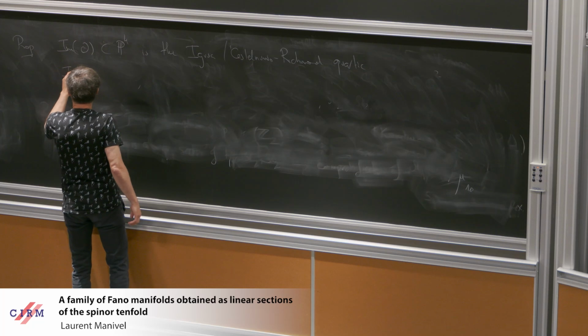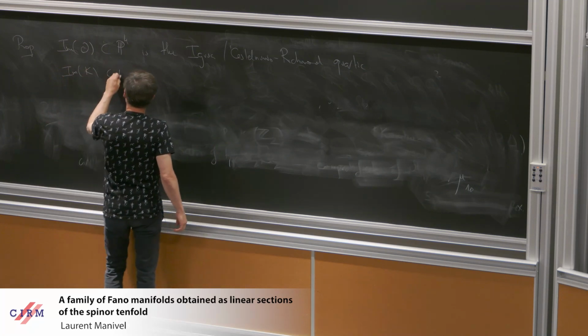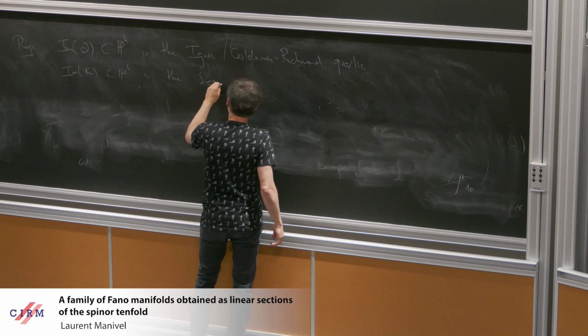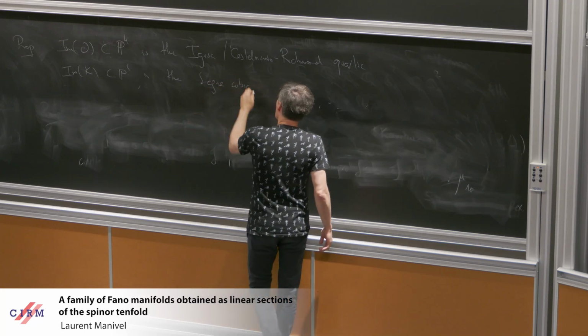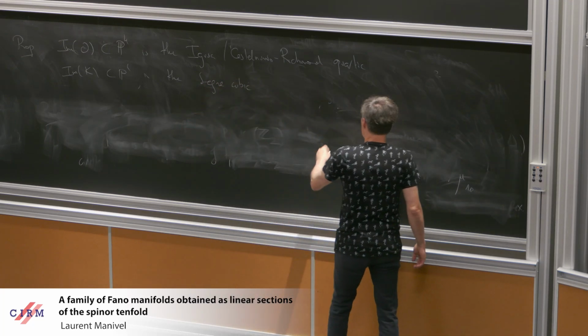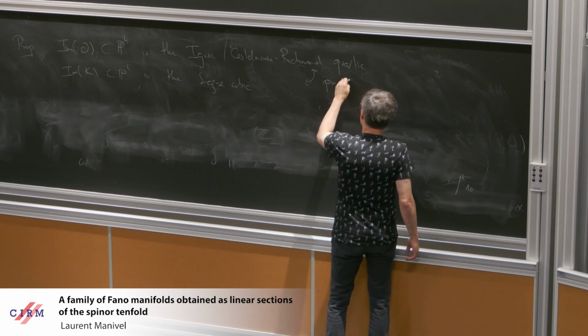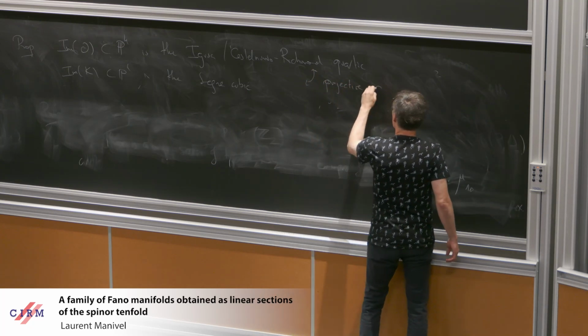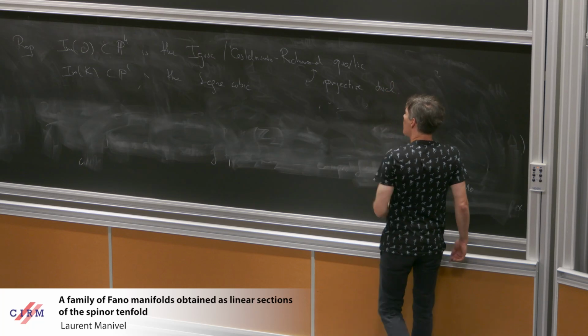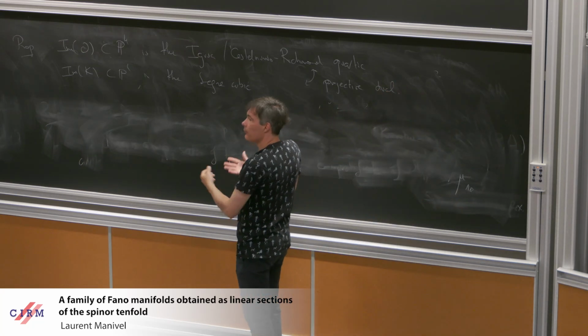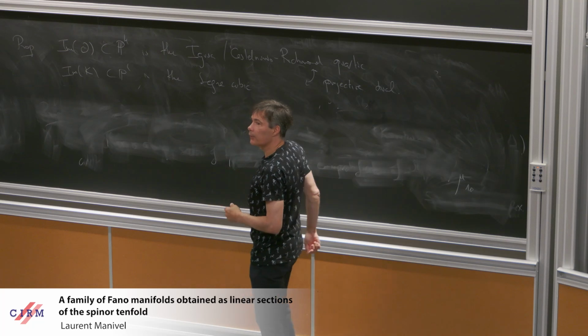And the image of K, also in P4, is the Segre cubic, which is actually the projective dual of the Igusa quartic. So very naturally, from this construction, we recovered these very classical objects.